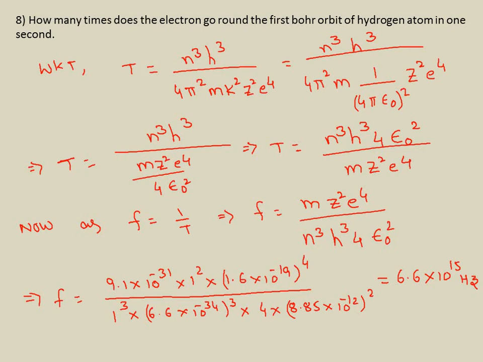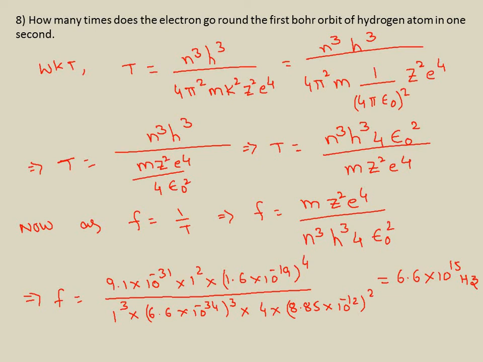Look there carefully. Now frequency can be written as 1 by time period, isn't it? Hence you can notice clearly that frequency f = m z² e⁴ / (n³ h³ 4 ε0²), which is 1 by the time period. Substitute the values.